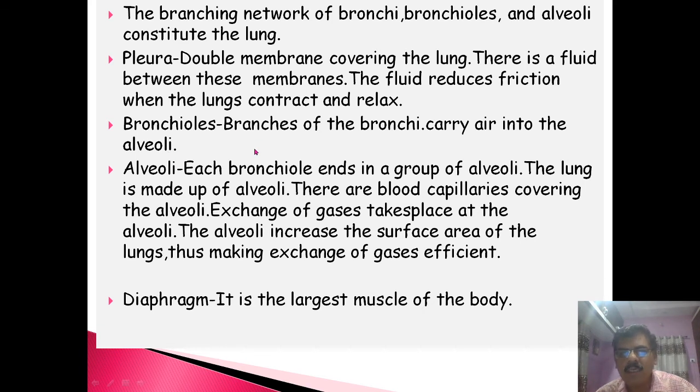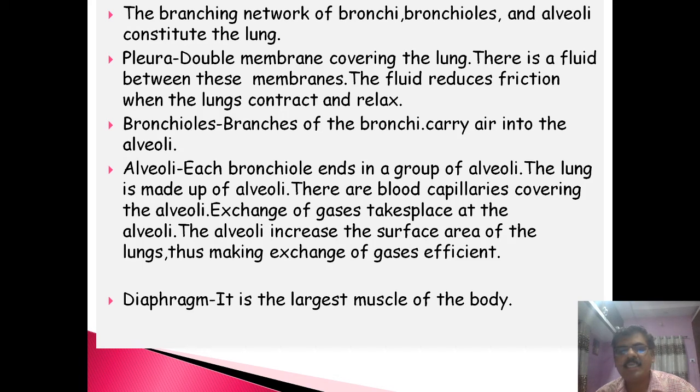Then the bronchioles are the branches of the bronchi and carry air into the last part, that is the alveoli. Each bronchiole ends in a group of alveoli. These are the functional units of the respiratory system. The lungs are made up of alveoli and there are blood capillaries covering the alveoli.